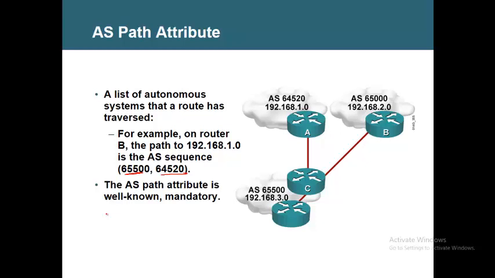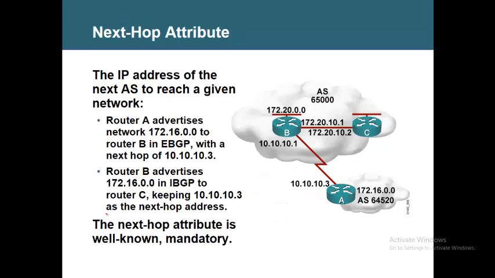Next of attributes, we learn next hop behavior. In that we learned next hop is the IP address with which we peer with the next autonomous system.